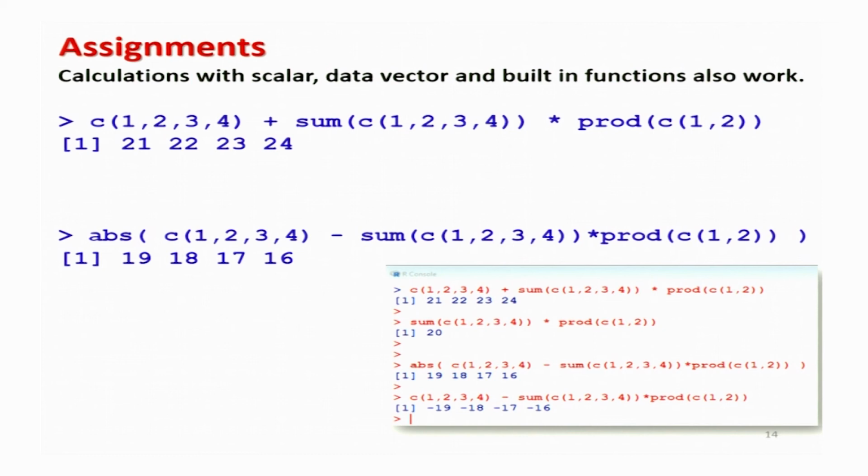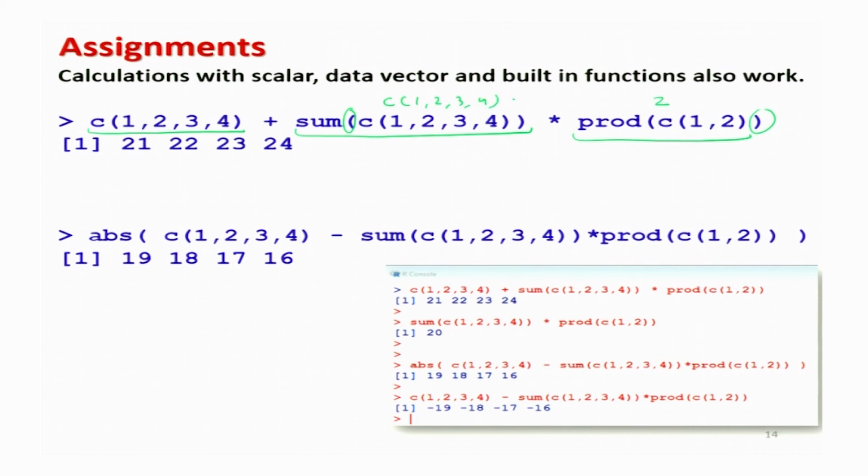For example, if I take a data vector c(1, 2, 3, 4), and then try a function sum of the vector plus the product of 1 and 2. The parenthesis is here. First, the product of 1 and 2 will be 2, and this will be multiplied with c(1, 2, 3, 4).